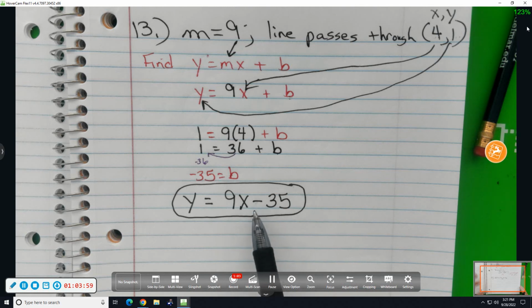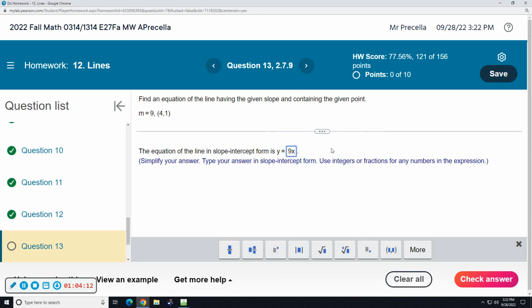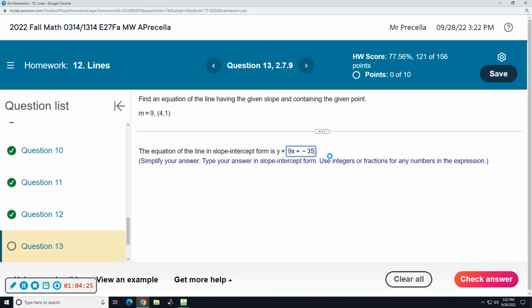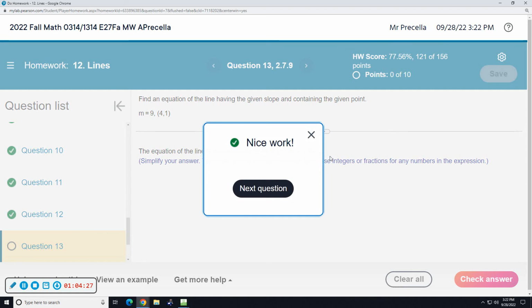Probably if you put plus negative 35, it would take it. I'm sure it would. Let's check and see. Plus a negative is the same thing as minus, but would they take it on my math lab? Let's see. You already have the 9x. If you put the plus a negative 35, I know in the olden days they would take it, but things change. Let's see. Okay, you see they took it.